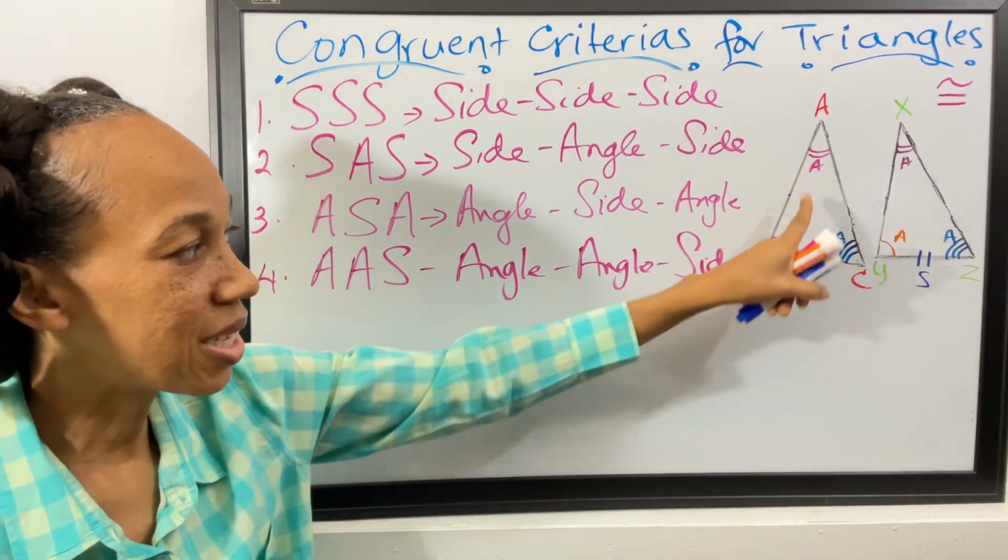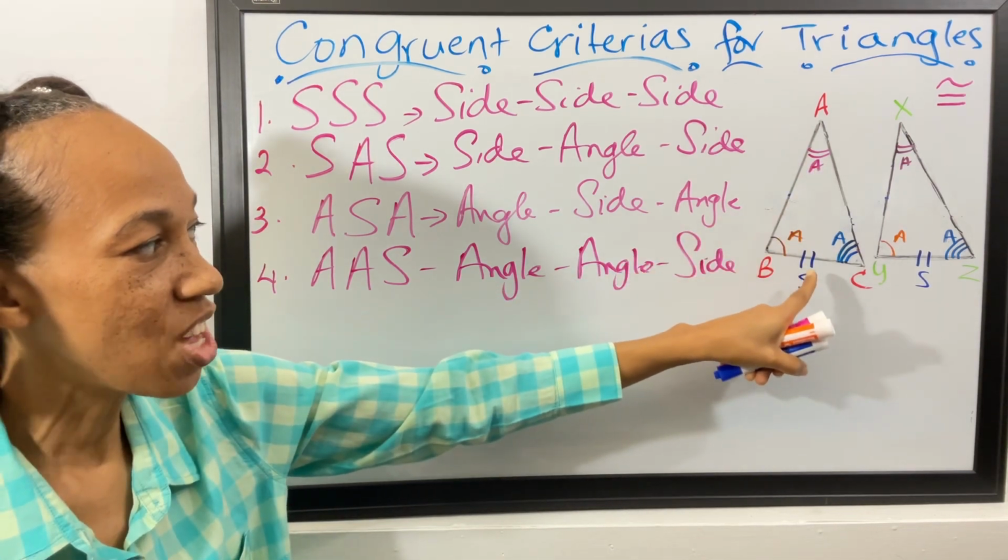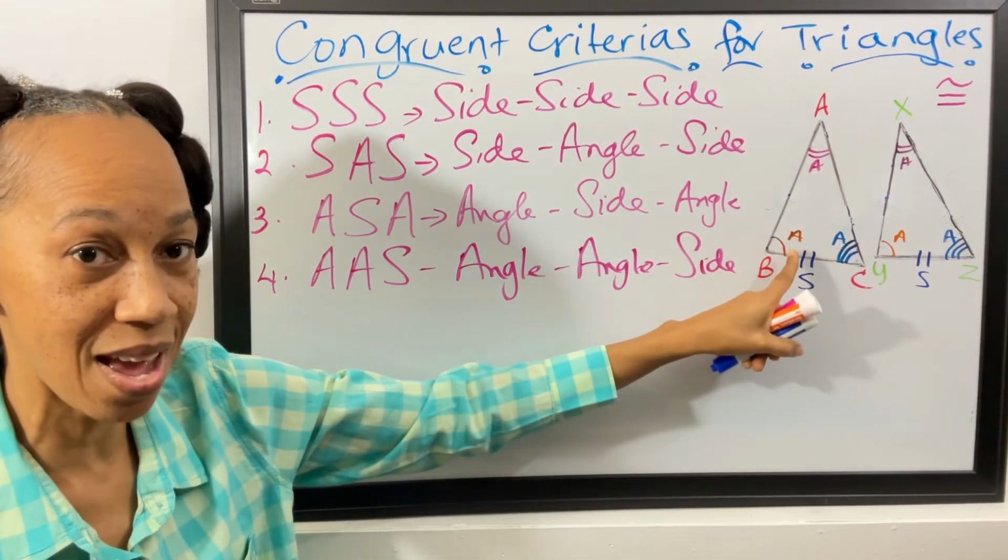So instead of having just AAS, you also can use ASA.